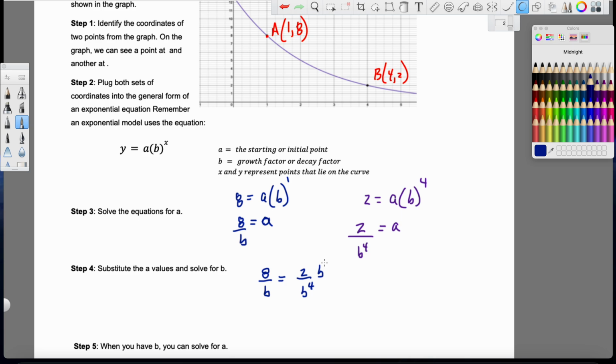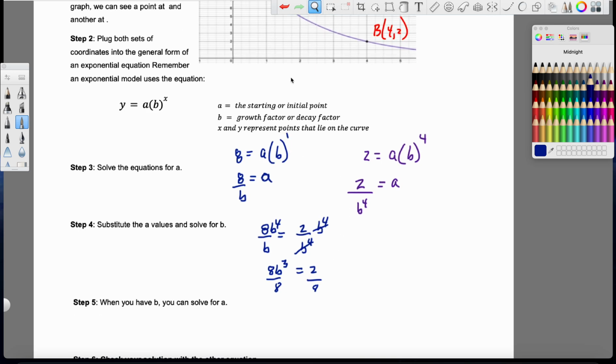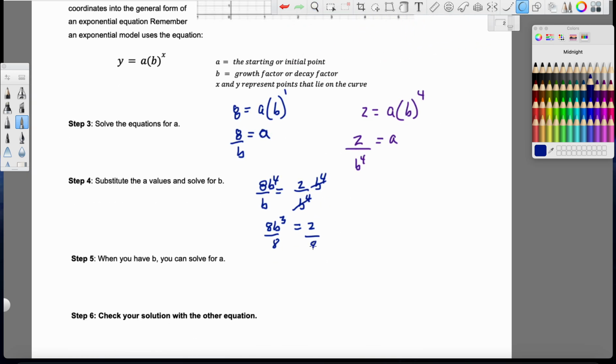I'm going to multiply b to the fourth to the other side. B to the fourth divided by b is b to the third, so I get 8 b to the third equals 2. Divide by 8, both sides. B to the third equals 1/4.